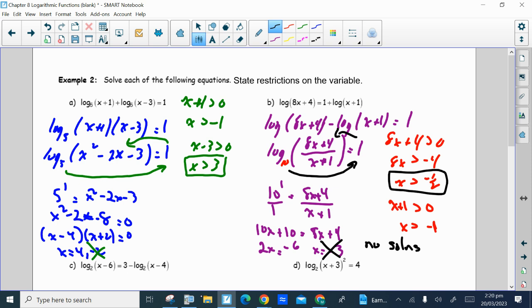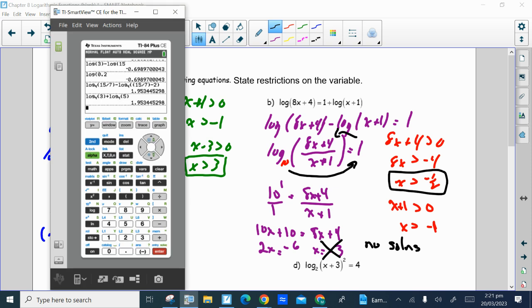And you could also see that this is another way you could check, using the graphing calculator. So y1 would be the log of 8x plus 4. Y2 would be 1 plus the log of x plus 1.